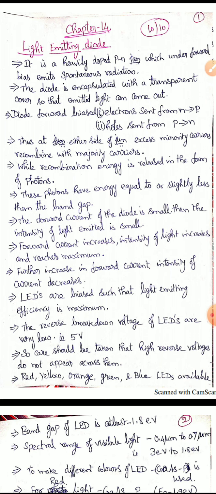So, during recombination, energy will be released in the form of photons. When the minority carriers and majority carriers combine, at the time of recombination, energy is released in the form of photons, and these photons have energy equal to or slightly less than the band gap.